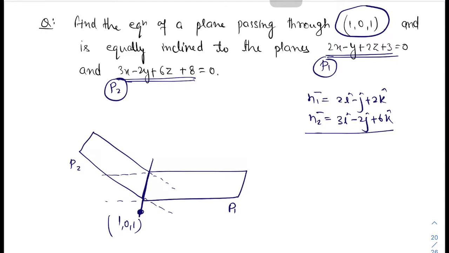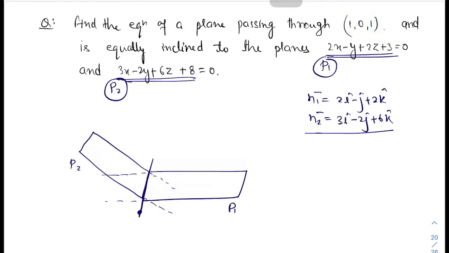So how to check whether the point (1, 0, 1) is lying on the line of intersection or not? The line of intersection is common to both the planes. So if (1, 0, 1) satisfies the equation of P1 as well as P2, then we can conclude that the point is lying on the line of intersection. But you can easily see that this point does not satisfy the equation of P1 or the equation of P2.